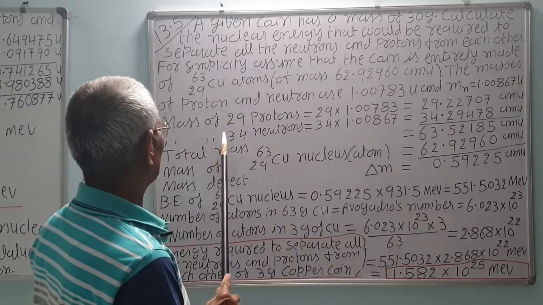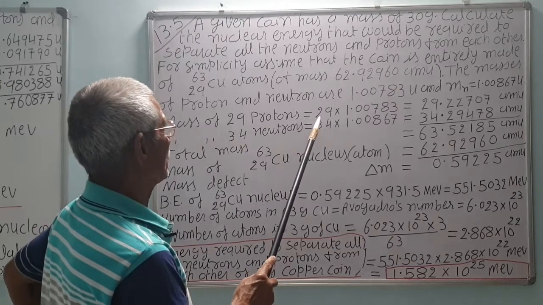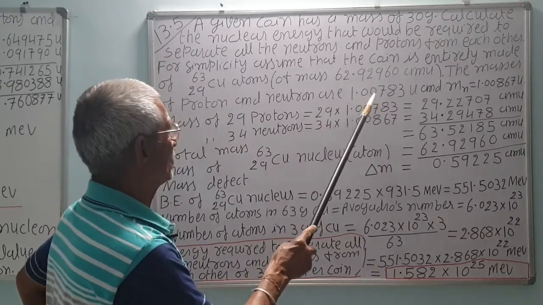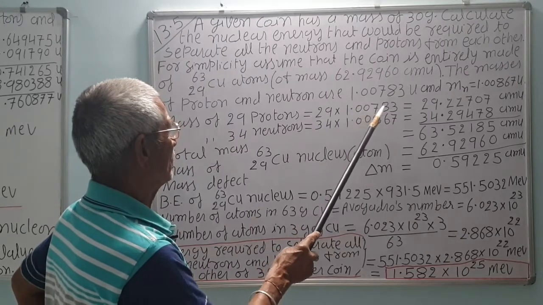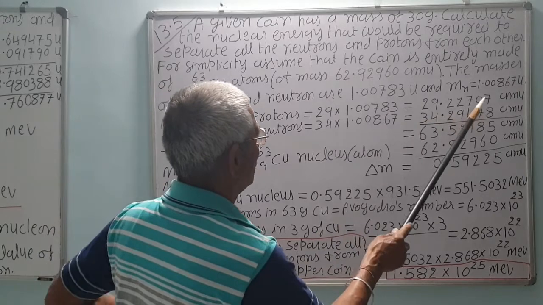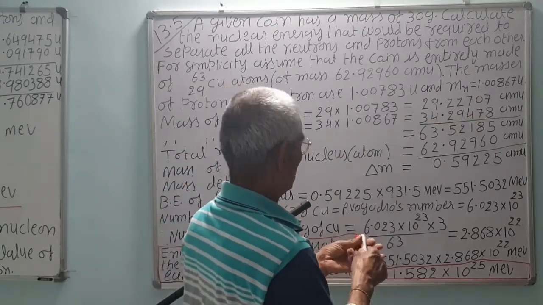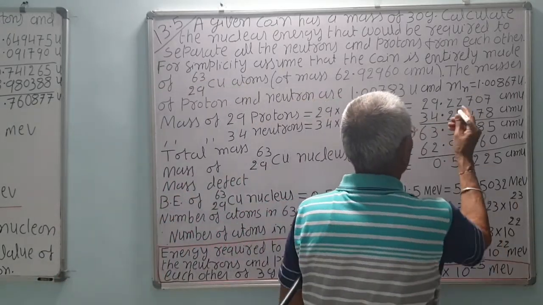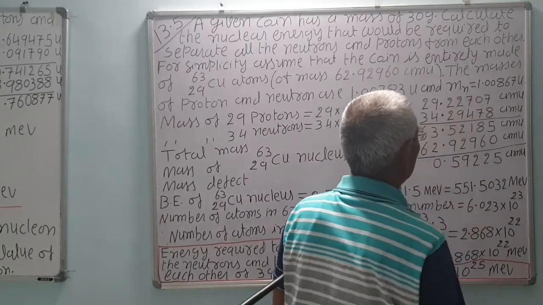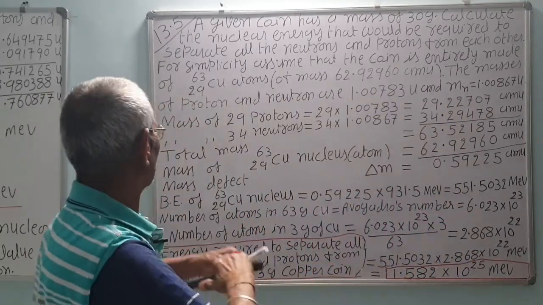Mass of 29 protons, that is 29 multiplied by mass of the single proton 1.00783, is equal to 29.22707 atomic mass unit.